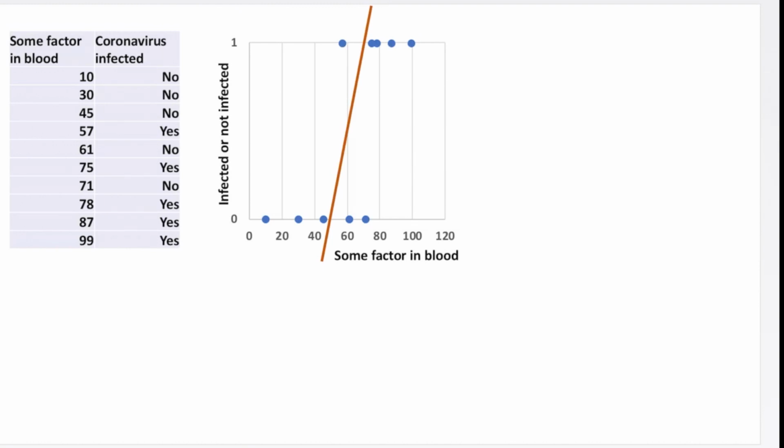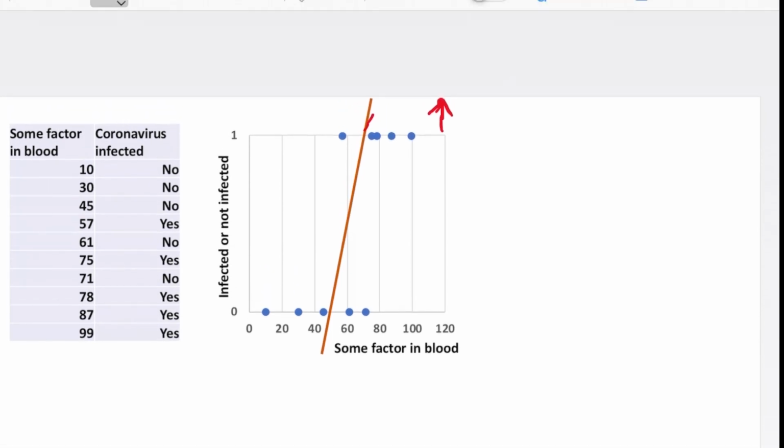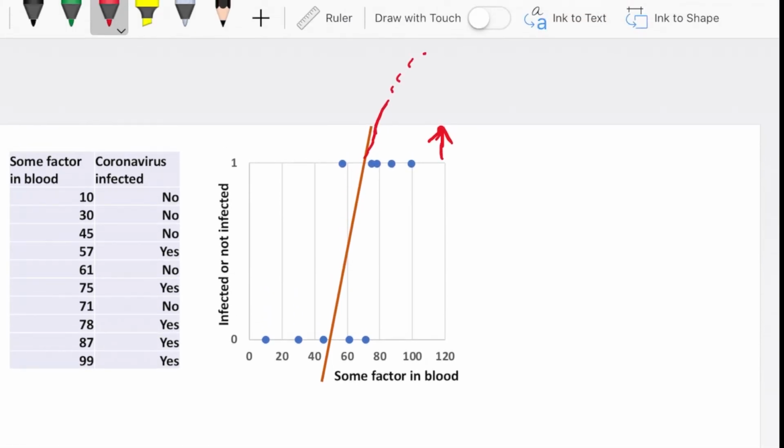Now notice that with this line, if we go for prediction and if our data contains a blood sample value with a factor of 120, the corresponding score will be very up in this direction, because if you extend this line upward somewhere, it will be meeting here.